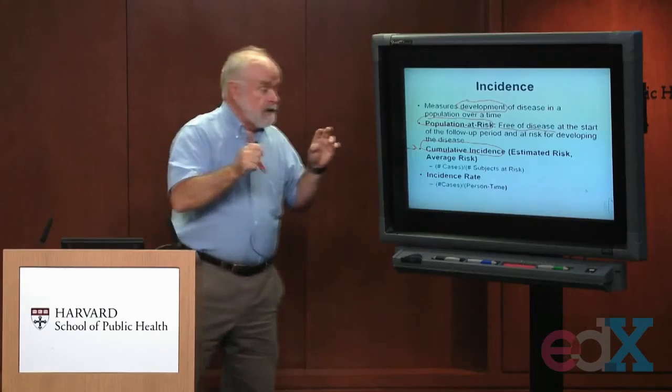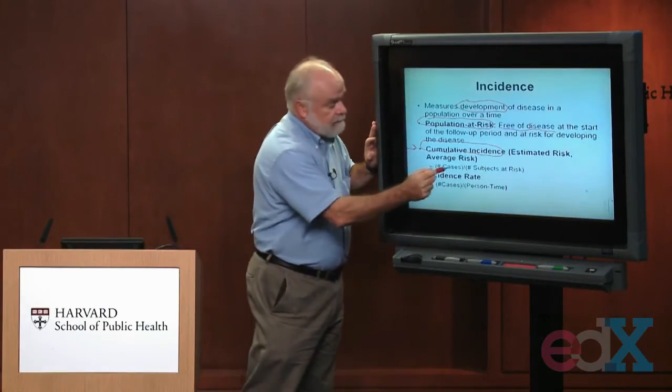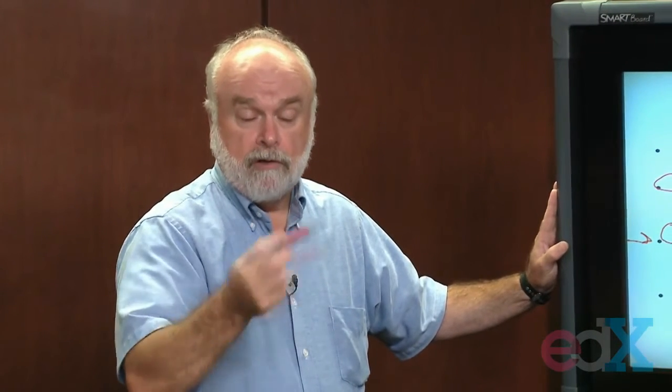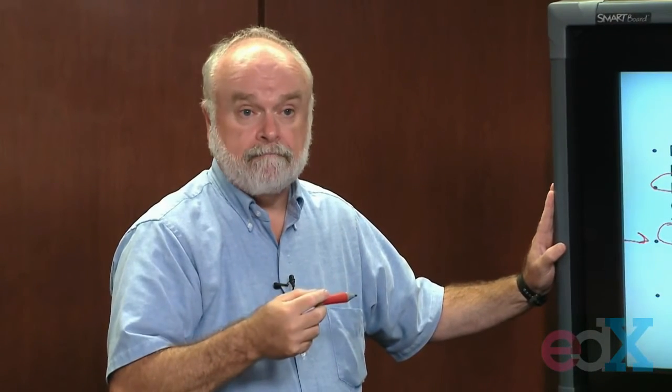So it's sometimes referred to as an average risk, but we're going to be calling it a cumulative incidence. It's going to be calculated, as you'll see in a future lecture, by essentially counting the number of new cases of disease that occur when a population is followed over time and dividing that by the size of that population at risk. And I'll give you an example of data that we'll be using to drive this notion home in a minute.